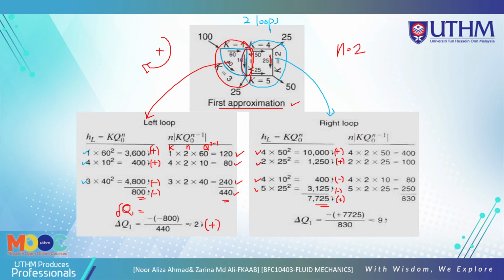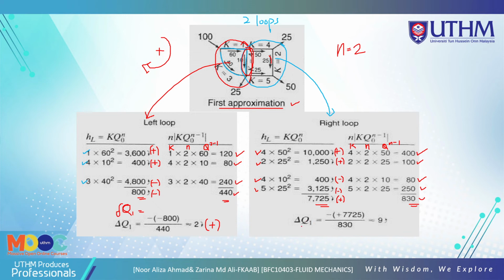For the right loop, you also use n, k, Q to the n minus 1 here, so you get the values here and here, and you total them up. This is k, this is n, and this is Q to the n minus 1.